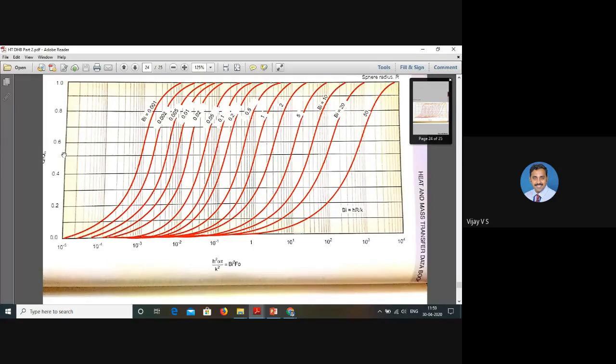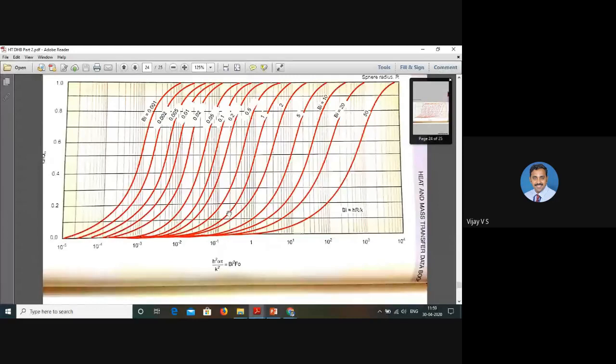Around 0.5. We'll check. 0.1 here, 0.12, so 0.14. 0.6, sir? 0.6 you will get. Okay. What is the Biot number value, sir? Biot number value is 0.21.